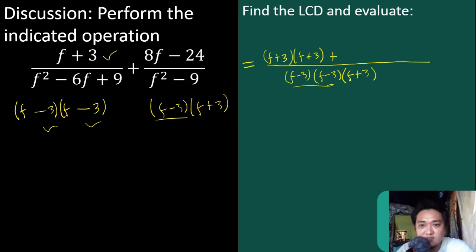What is left is, oh sorry, let us divide this to this. So what is left is f minus 3, f minus 3 times this binomial here, which is 8f minus 24.